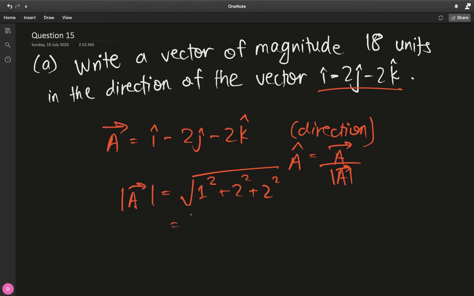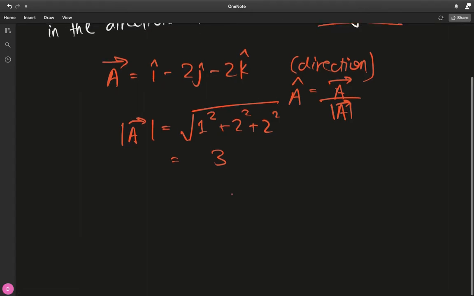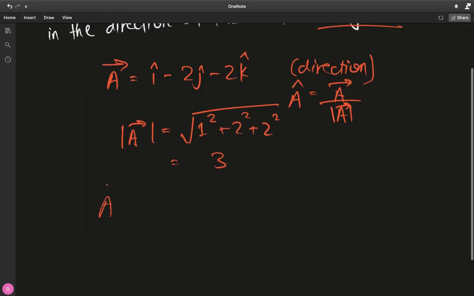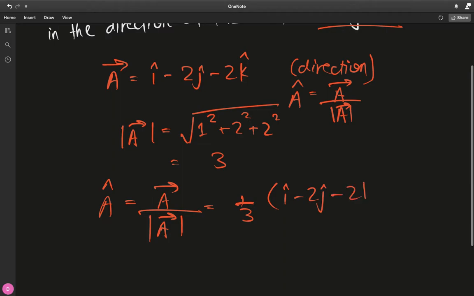That turns out to be 4 and 4, 8, plus 1, 9, square root of 9, which is 3. So the normalized A cap is 1 over 3 times i cap minus 2 j cap minus 2 k cap.